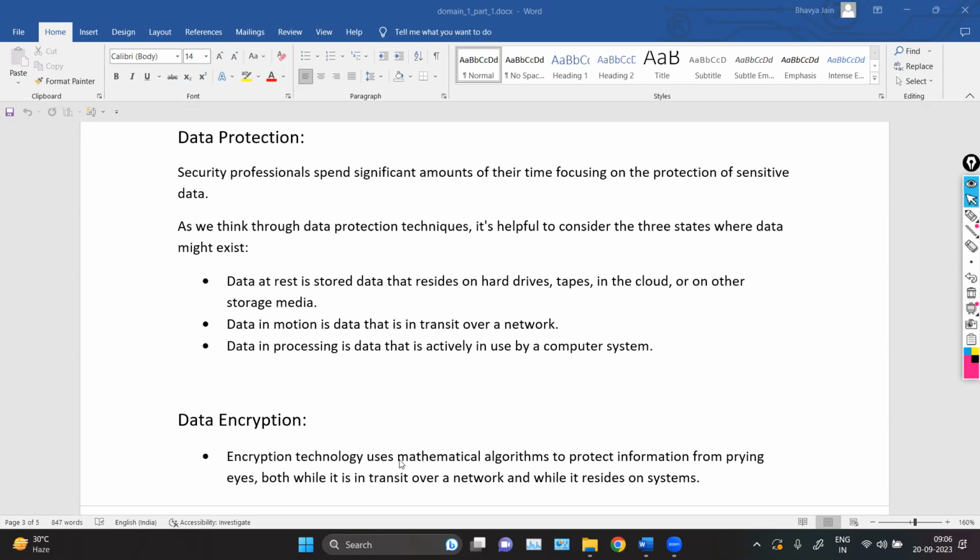And data in processing is data that is actively used by your computer, like data in your RAM or in other memories of the system. So we have already discussed this. Whenever we are applying security to data, we have to ensure that we secure the data in these three stages: at rest, in motion, and in processing or in use.